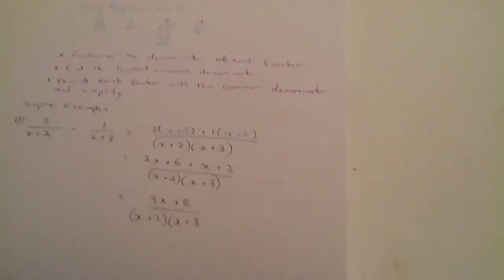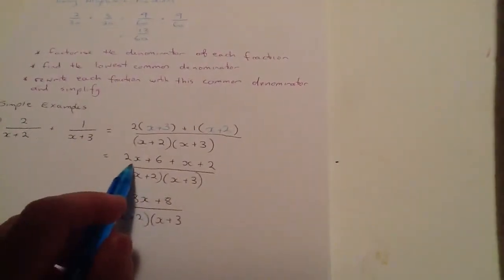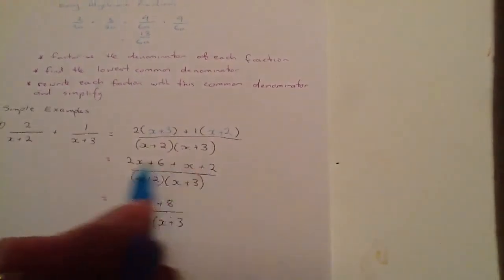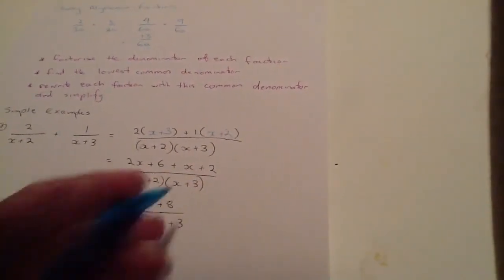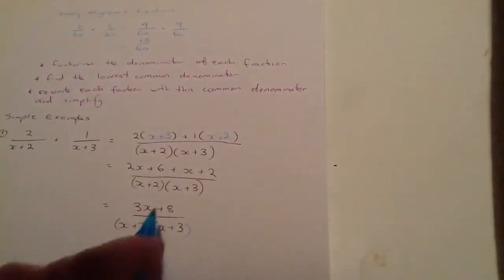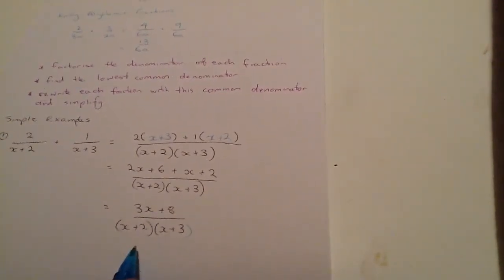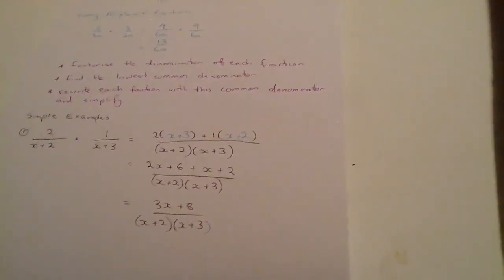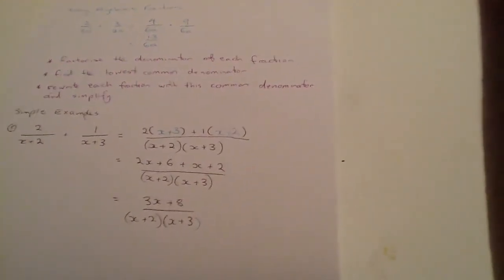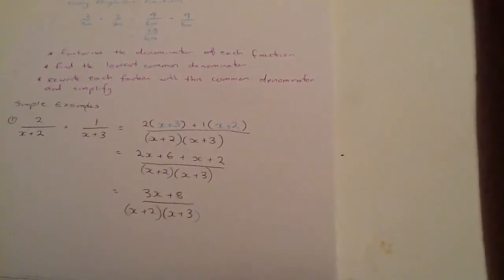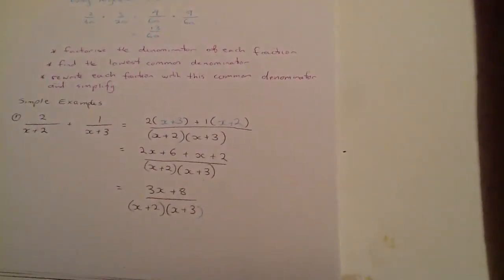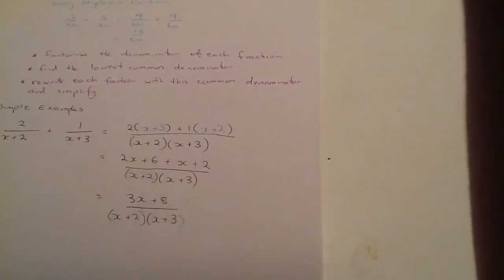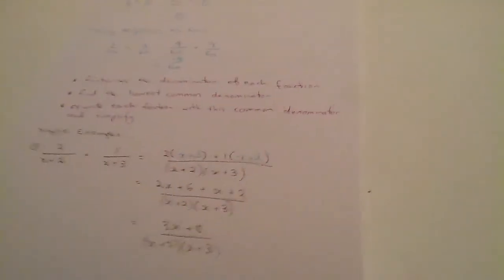We then expand out 2x plus 6 plus x plus 2, just expanding the brackets. Collect the terms. Sometimes there might be something to cancel out. Be very careful with that. And that ends up being our answer, 3x plus 8 over x plus 2, x plus 3. Leave the denominator in factorised form. There's no need to expand anything out. All we're doing here is expanding to collect the terms. Okay, so that one was pretty straightforward.